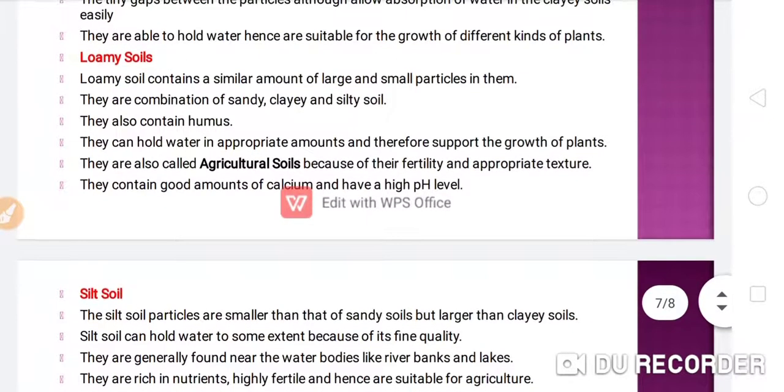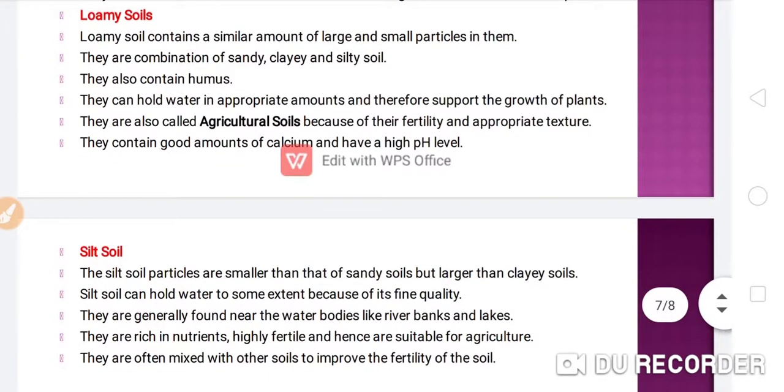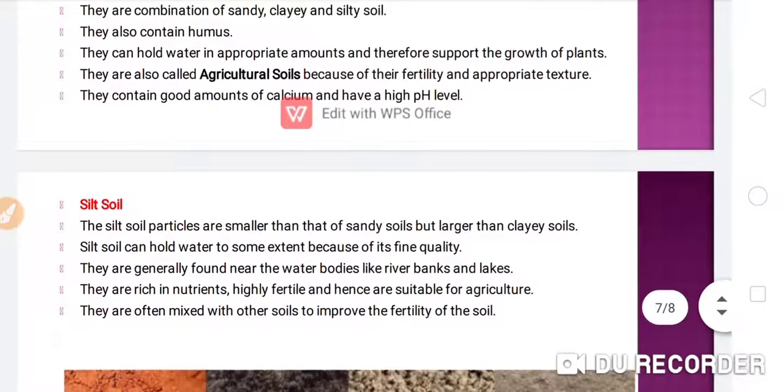They are also called agricultural soils. It means this is the best soil for agricultural practices, because of their fertility and appropriate texture. They contain a good amount of calcium and have a high pH level. That is loamy soil.